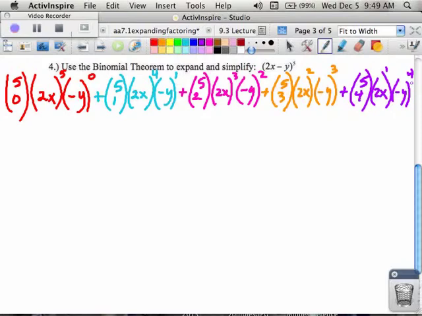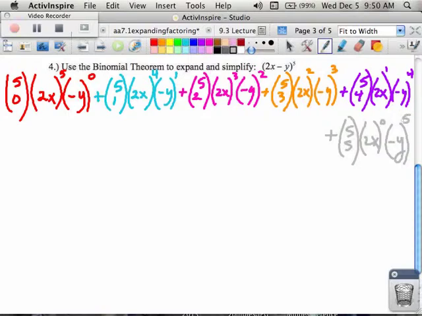And my last one, which I'm running out of room, will be 5, choose 5, 2x to the 0 power, negative y to the 5th power.